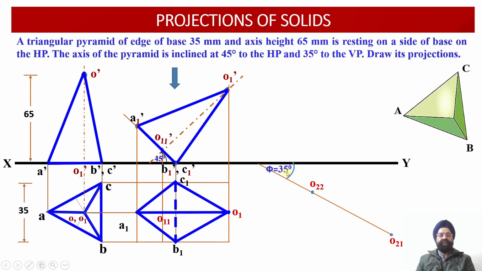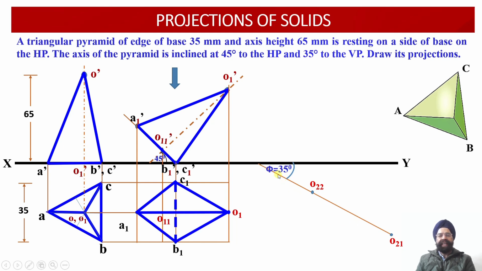Since this is angle phi, alongside this construction line we have to mark the distance equal to O1 dash O11 dash, which is 65 millimeters. This is the true length of the axis, because angle phi is the angle of inclination of the true length of the axis with the vertical plane. So this length is equal to 65 millimeters.